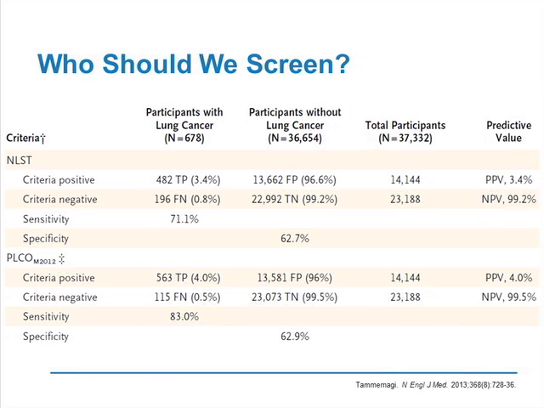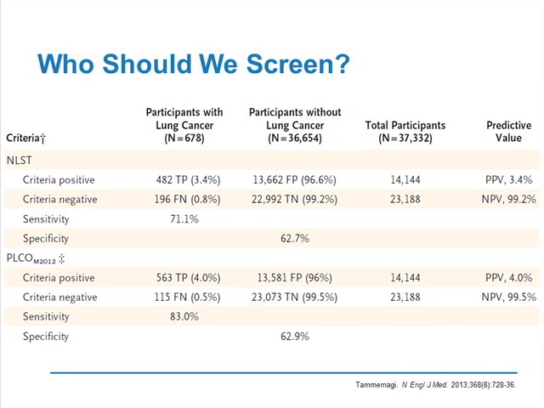In this group, the NLST criteria were 71% sensitive and 63% specific for identifying those who would go on to develop lung cancer. They then set the risk threshold of the PLCO calculator at a level that would identify the exact same number of positives, so just over 14,000.